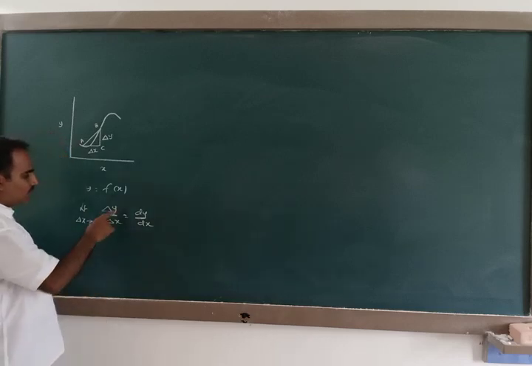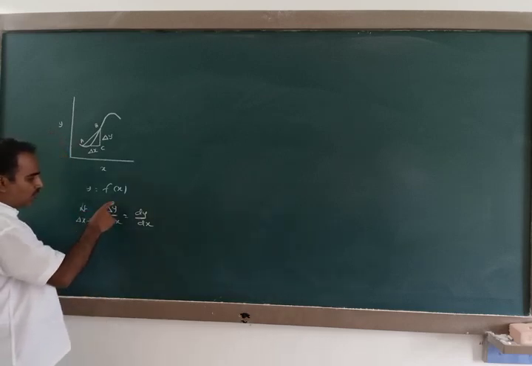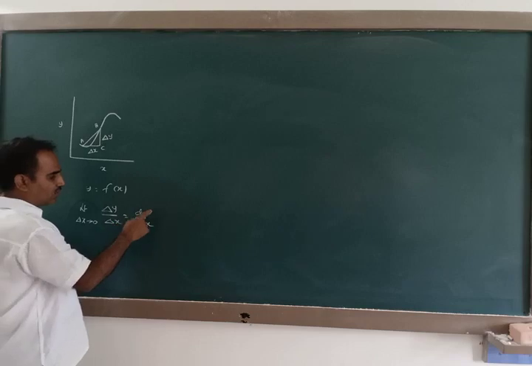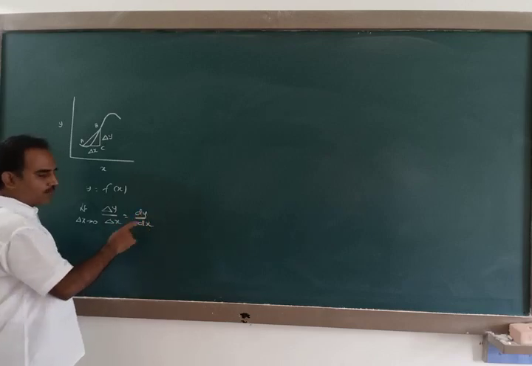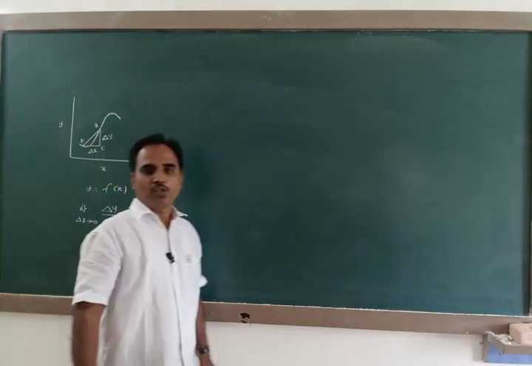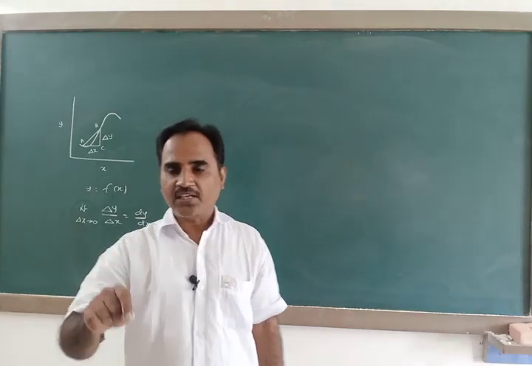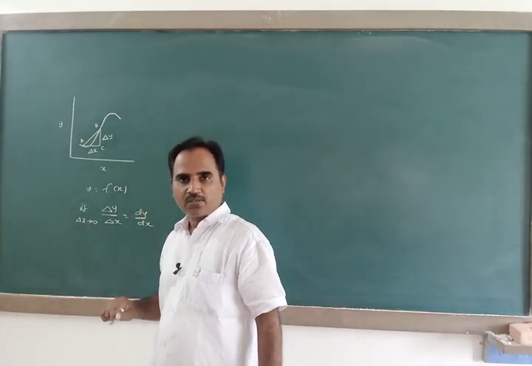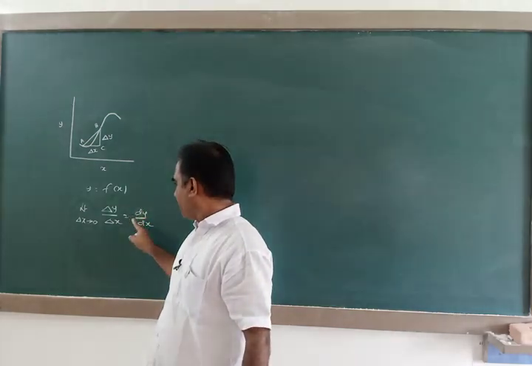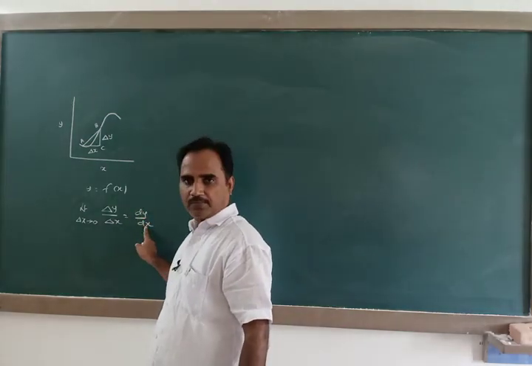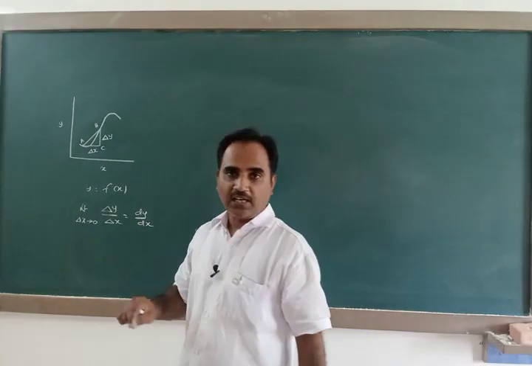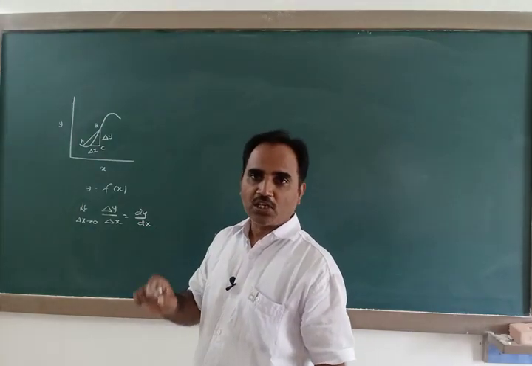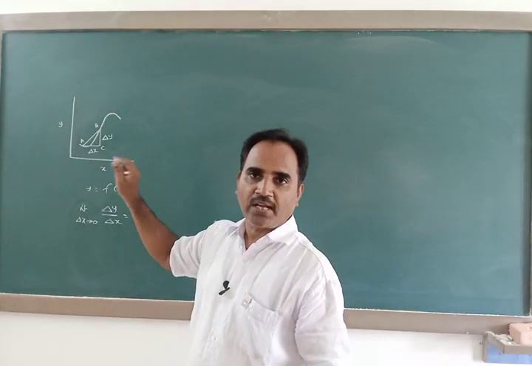Then this limit delta x tends to 0, delta y by delta x, which is equal to dy by dx, it becomes the slope of the tangent drawn at a point on this curve. That means derivative of y with respect to x, graphically it gives the slope of the tangent to the curve at a given point.